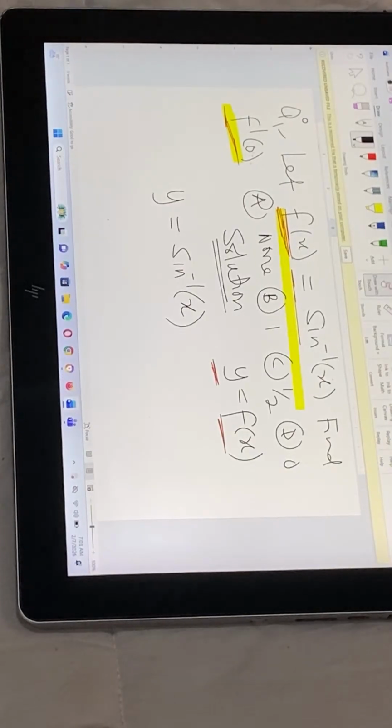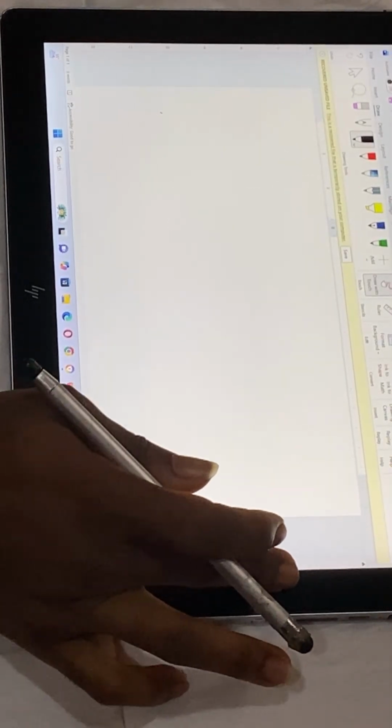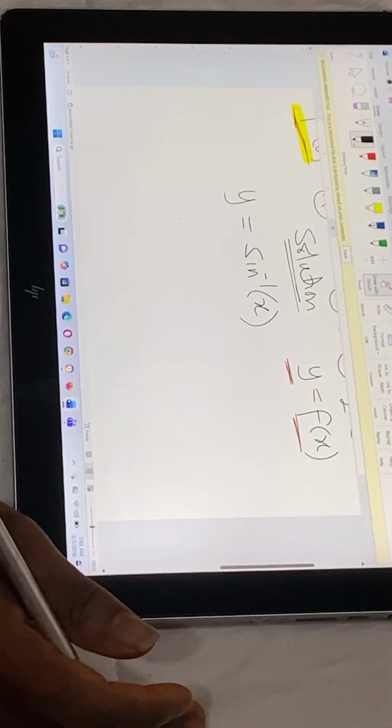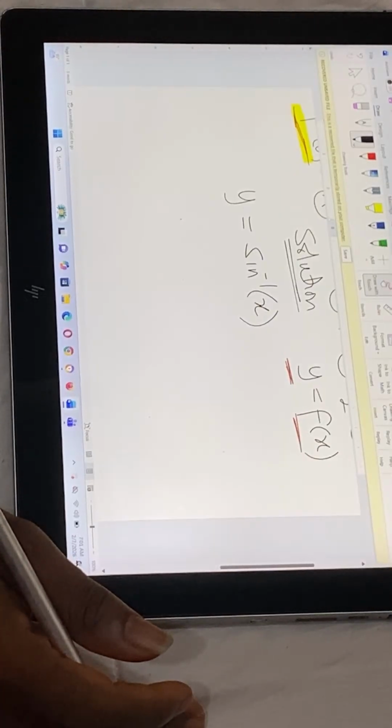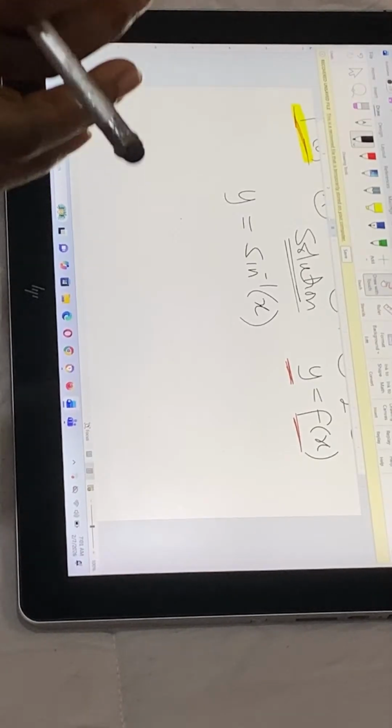Please take note. Remember this function here is a trig function. For those that have not attended most of my classes on differentiation, let me just explain the fundamental parts before we solve this question.